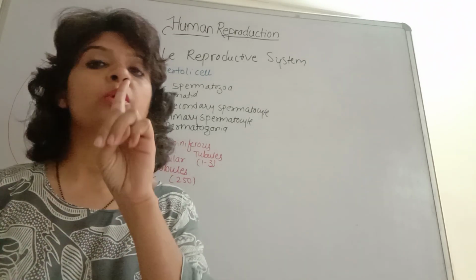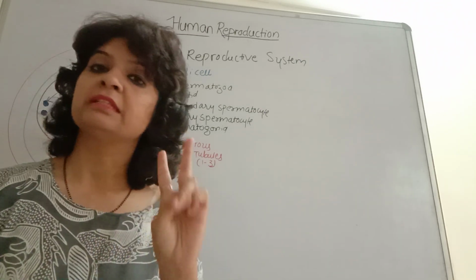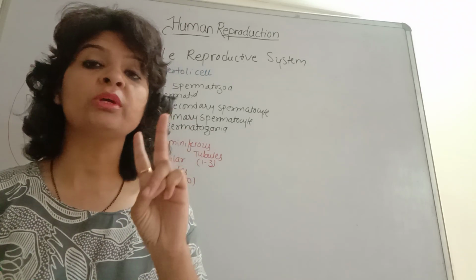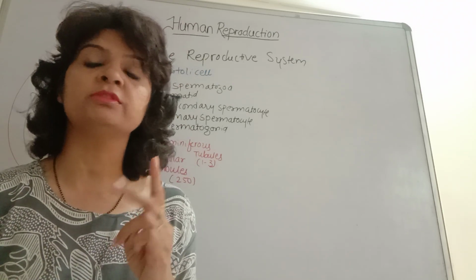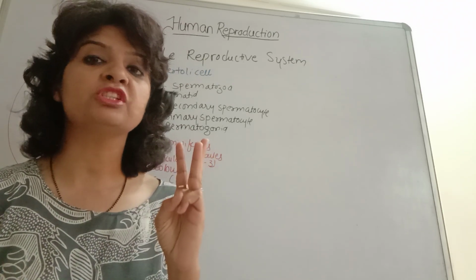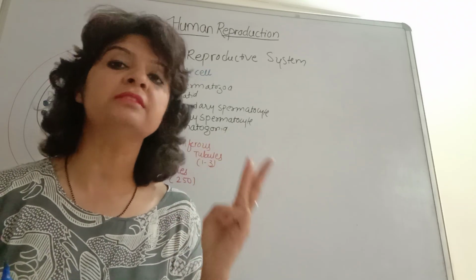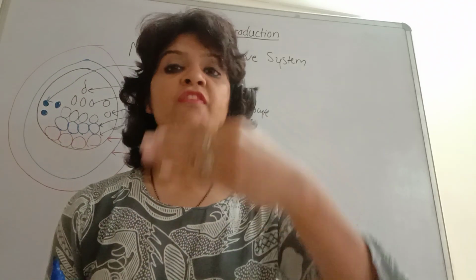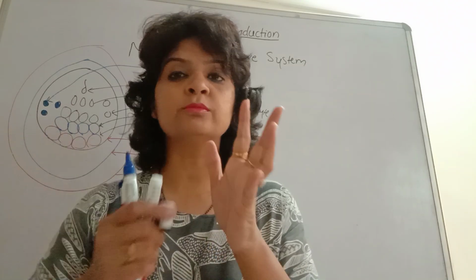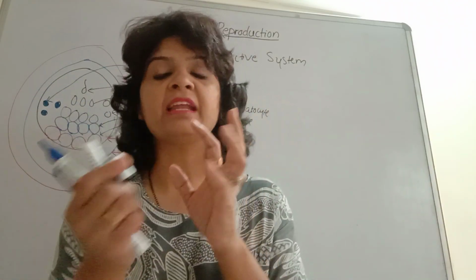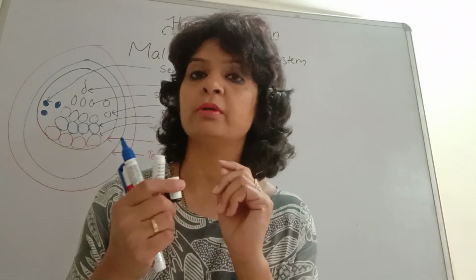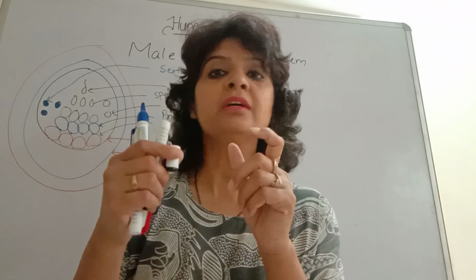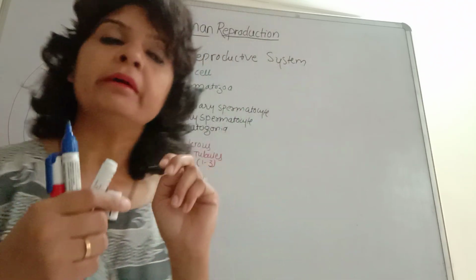The first are going to form the sperms, the second are the cells which give nutrition to the sperms, and the third are the cells which release a hormone which helps the sperms to modify and to give them a proper structure.